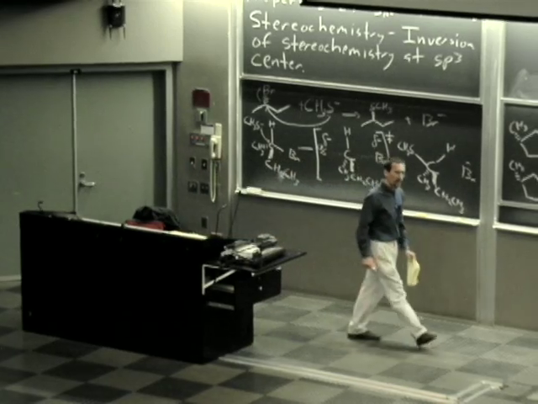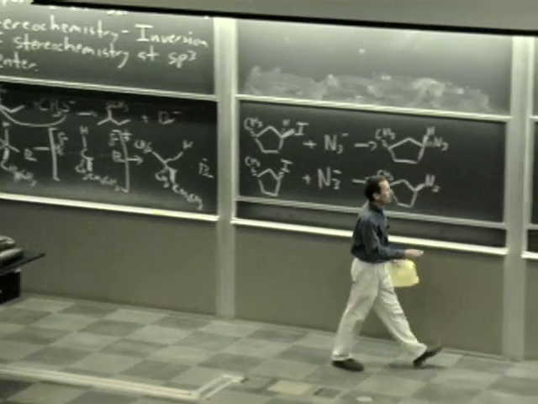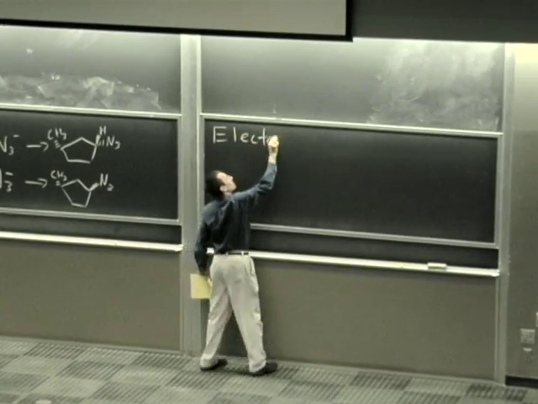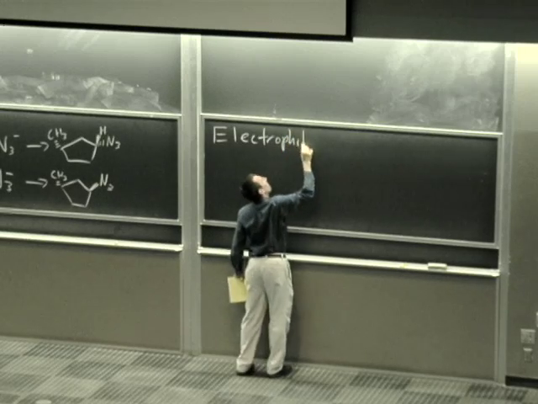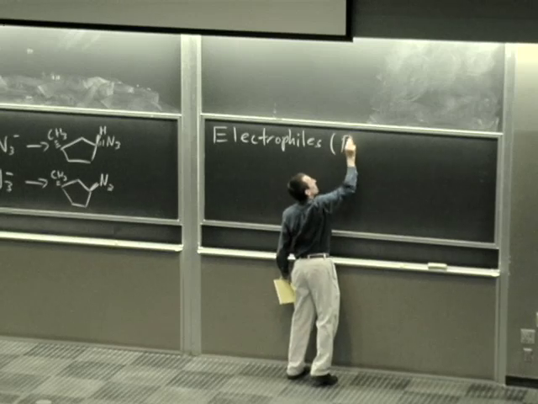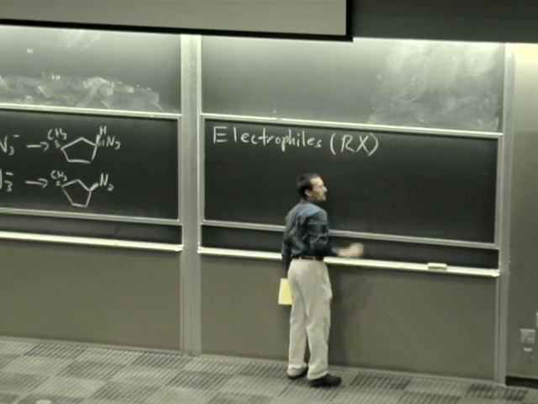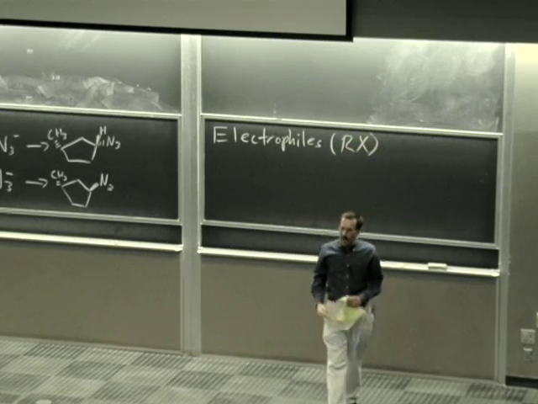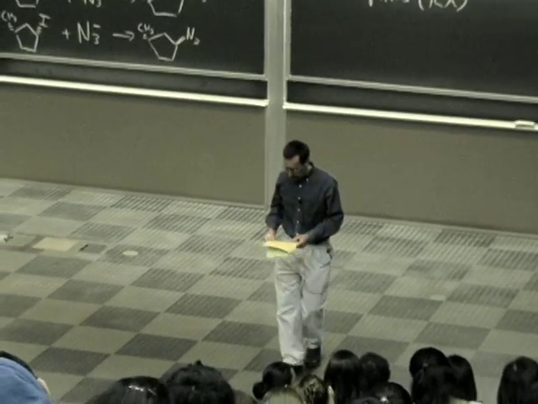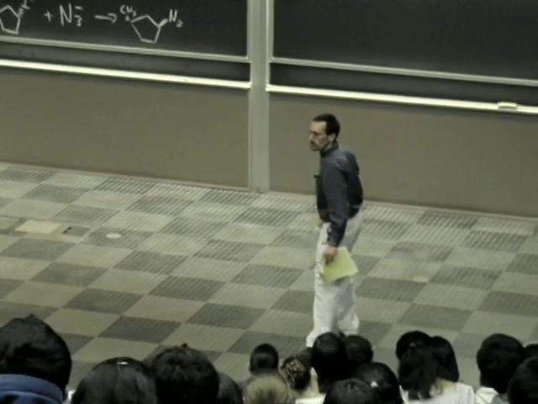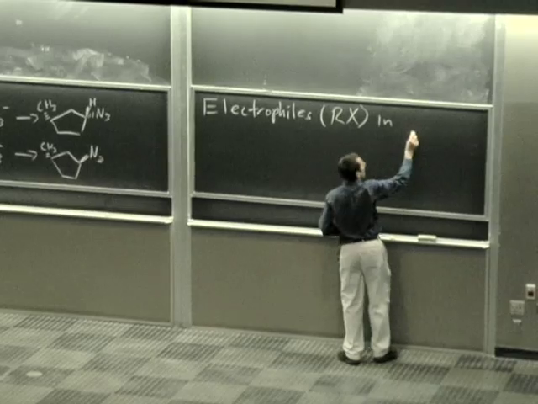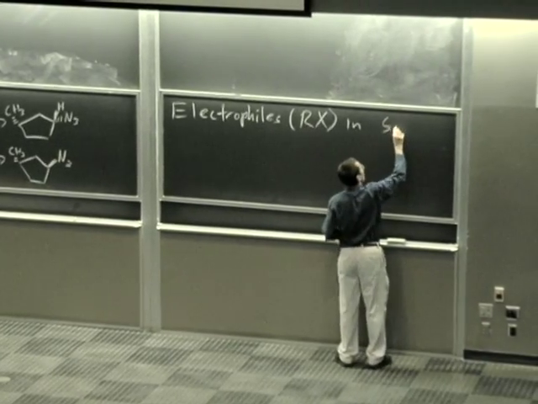Let's now talk a little bit about our electrophiles, our RX. Later on you'll learn that there are other things other than alkyl halides, but let's for starters just focus on alkyl halides in SN2 displacement reactions. Later on you'll learn about sulfonates and even epoxides that can participate.